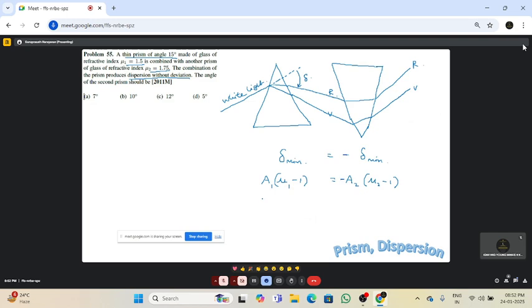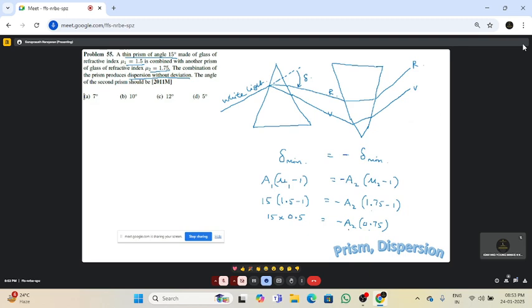So first, it is 15 degrees, mu1 is 1.5 minus 1, equals minus A2. A2 is what is asked, the angle of the second prism. mu2 is 1.75. So this is 0.5 into 15. (1.75 minus 1) I'll get 0.75.